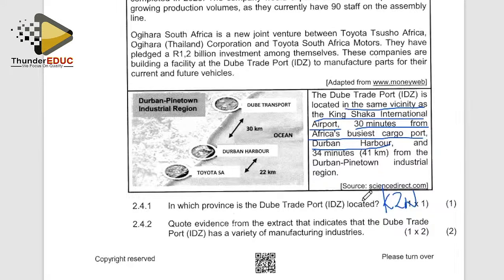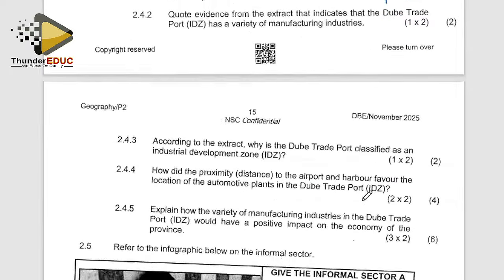So we are seeing the justification there. It's located within the surrounding of the King Shaka International Airport, and also it's just a 30 minutes drive away from the busiest cargo port, the Durban Harbor. So for that reason, we can safely conclude that the Dube Trade Port is an IDZ.